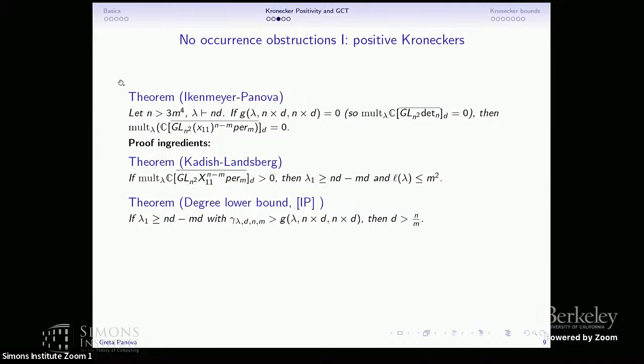And actually, when n grows, basically what's growing is the first part of lambda. It's not anything else. And then also the length of lambda is determined by the number of variables that are used in this polynomial. So this is m squared.